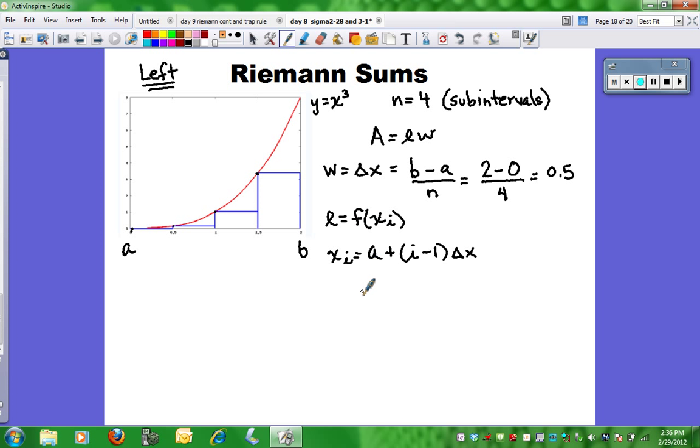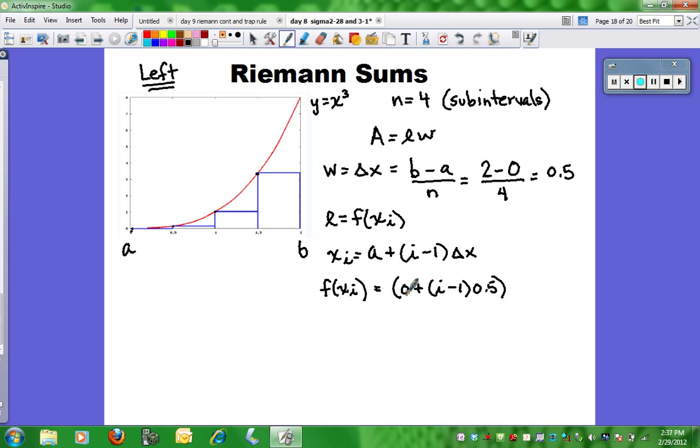So in this particular case, f of x sub I is going to equal a, which is 0, plus I minus 1, that is always the case, times delta x, which is 0.5.